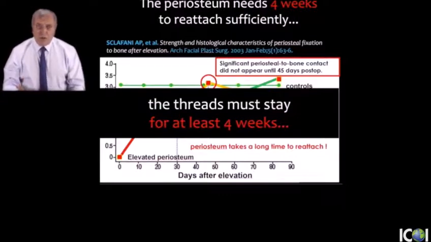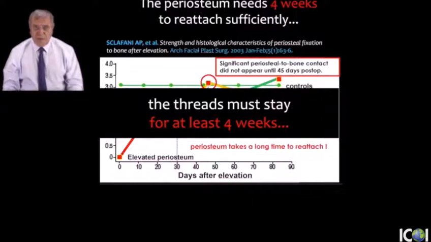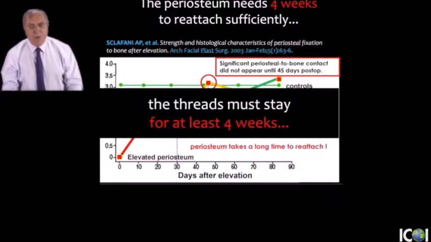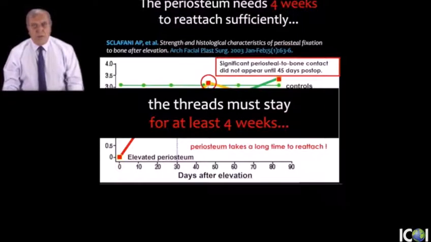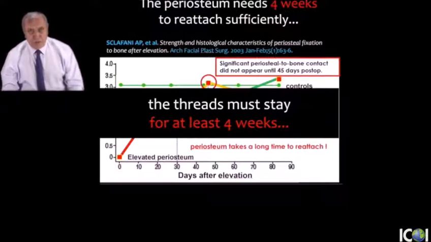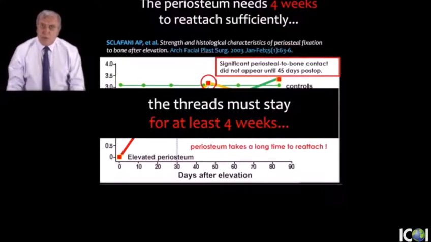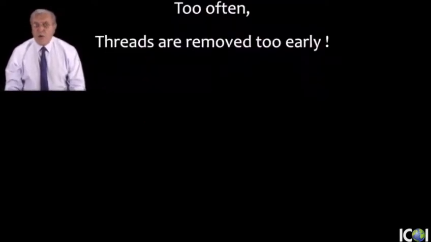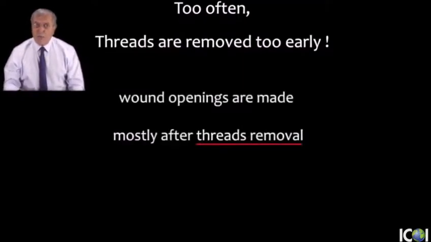Usually surgeons remove the sutures after 1 week, 2 weeks, 10 days. No, we must wait 4 weeks if we want to help the periosteum to reattach completely. Too often, the threads are removed too early, and we meet wound openings mostly after the threads removal.